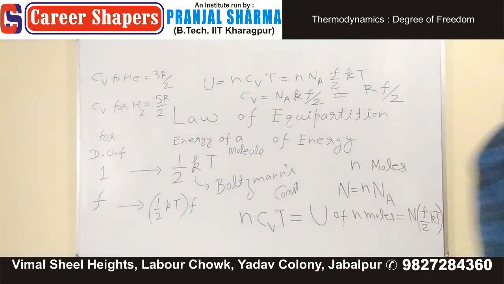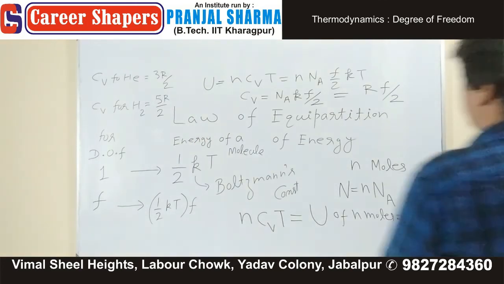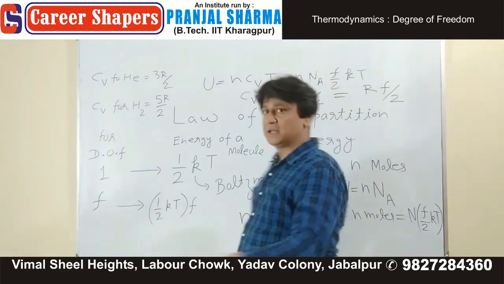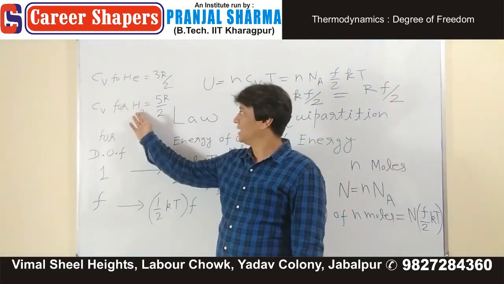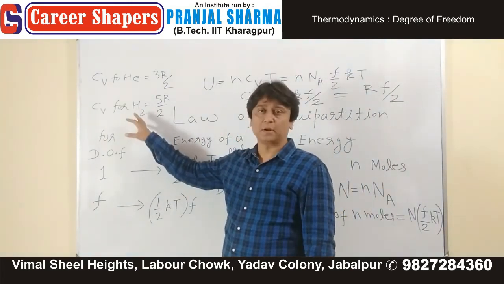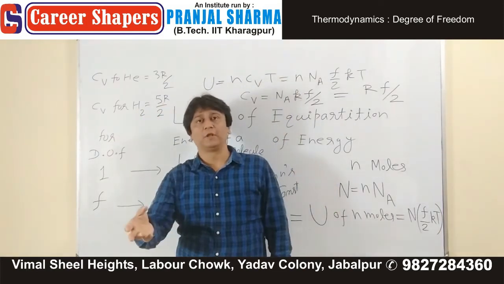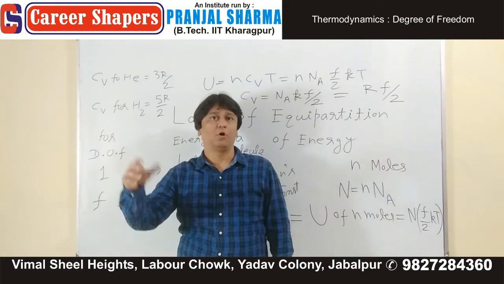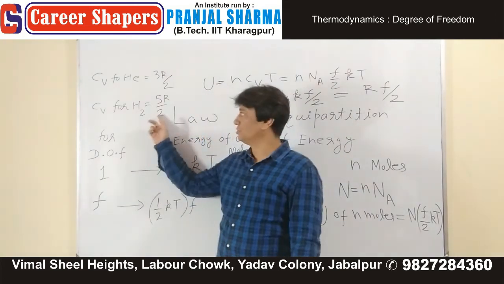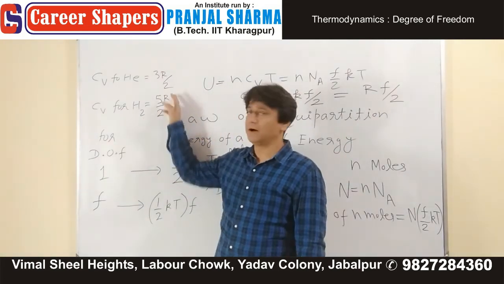What is the value of Cv for nitrogen? Nothing special to do. H2 diatomic, 5R by 2. So it has nothing to do with H, N or O. If it is diatomic, you get 5R by 2.